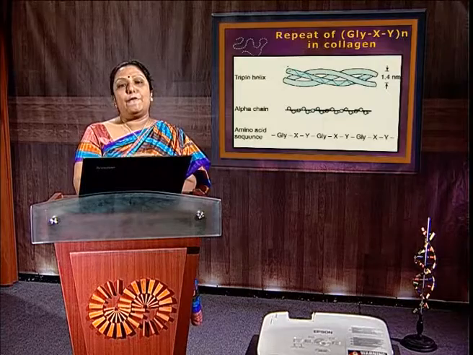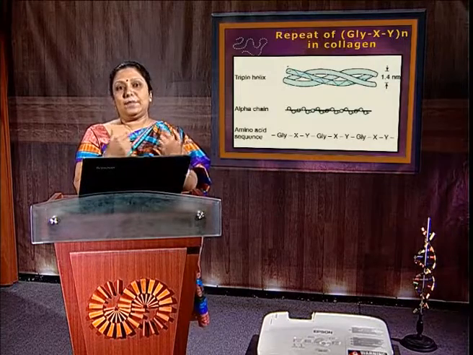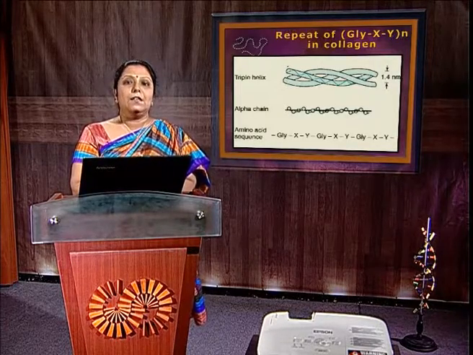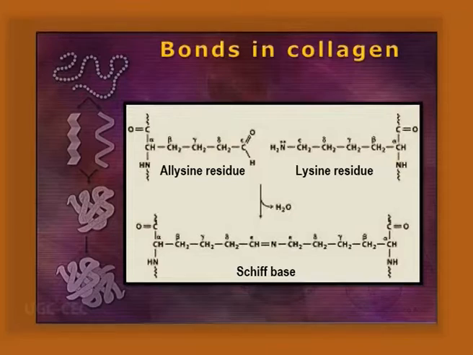Scurvy is malformation of the collagen structure, muscular dystrophy, fragility, and bleeding gums can happen. Not only that, there are many interconnections between the 3 alpha chains that make the triple helix of the tropocollagen. First, with the help of lysyl oxidase, lysine is converted to allysine.